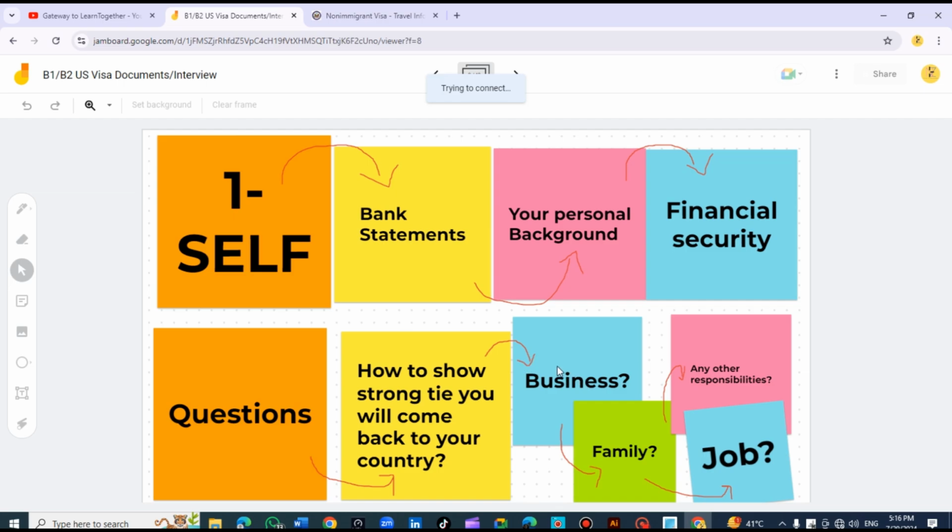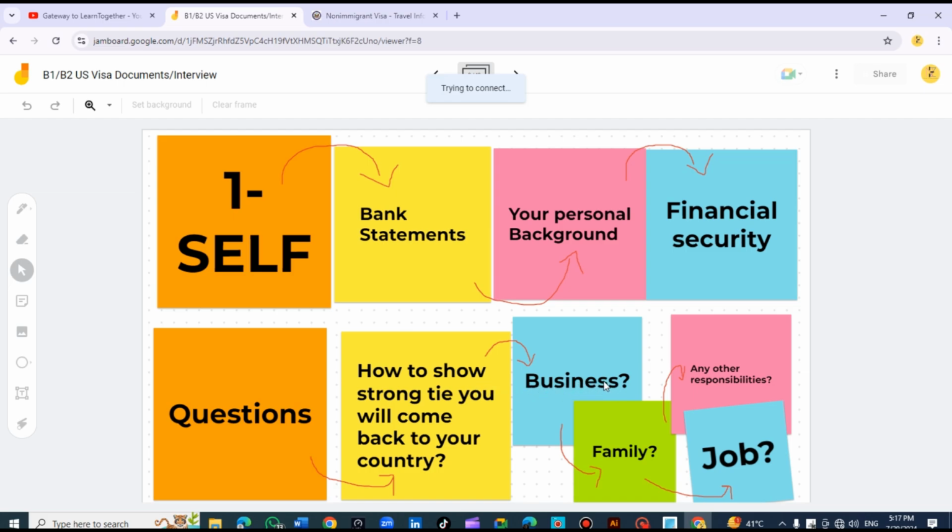So maybe you have a small business or a medium-sized or large business, and of course that business, that work, is very important to you, and that is a strong tie because you will come back to your own country since you have to look over your business. You are not going to leave your business in someone else's hands.